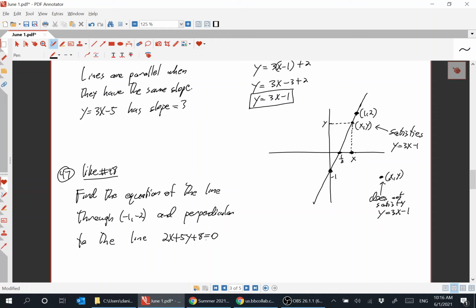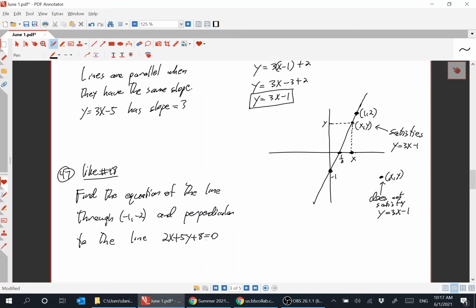So now they've really got that equation of the line jumbled up. Okay, it is neither in slope-intercept form nor in point-slope form. Okay, but you can always put it in slope-intercept form.